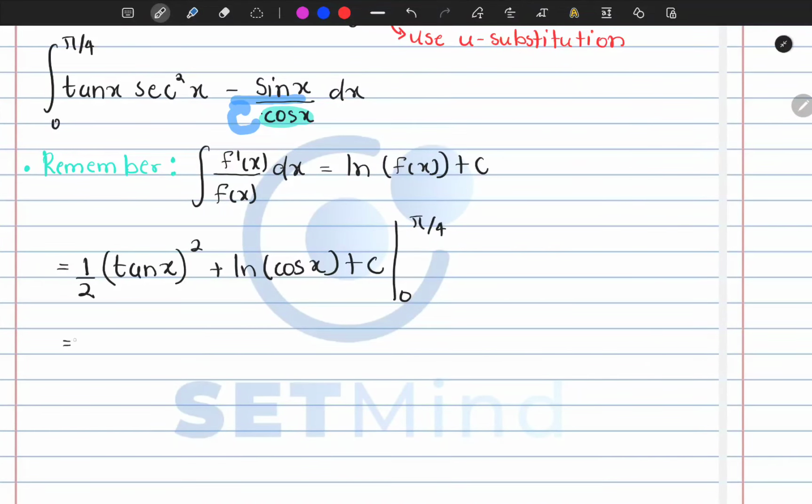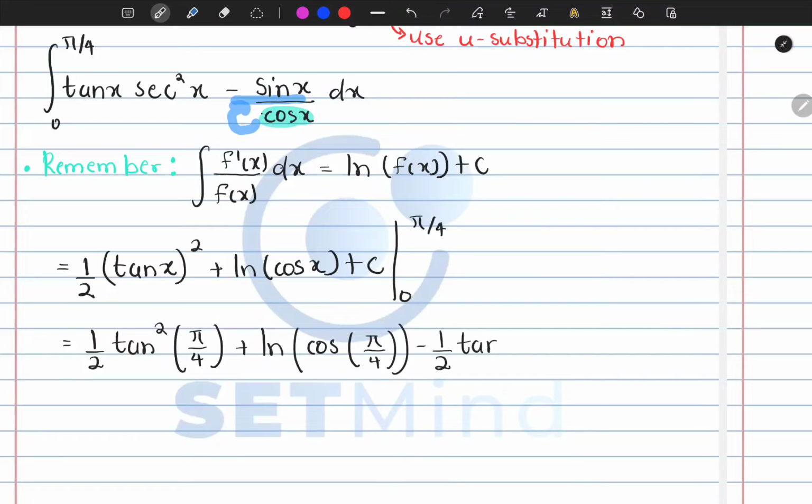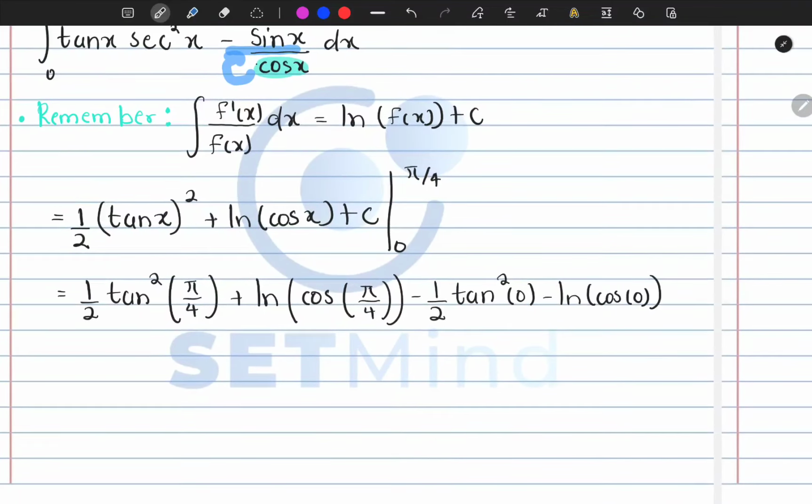So I'm going to substitute: half tan squared of pi over 4, plus ln of cos of pi over 4, minus half tan squared of 0, minus ln of cos of 0.